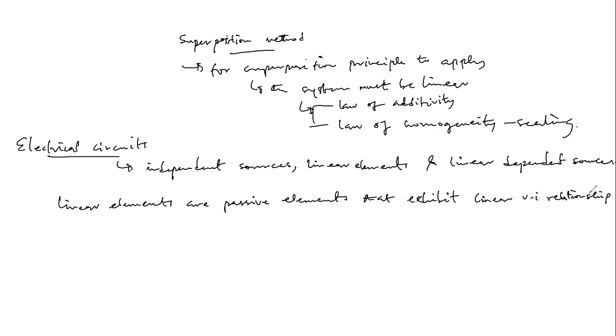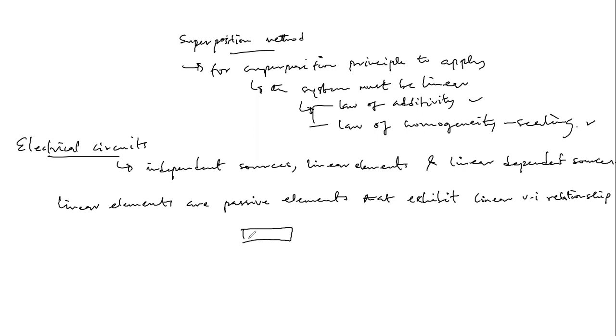Okay, so the linear voltage-current relationship implies that the law of additivity and the law of homogeneity apply. For instance, the law of homogeneity applies if the scaling of the current through the element results in an equivalent scaling of the voltage across the element.